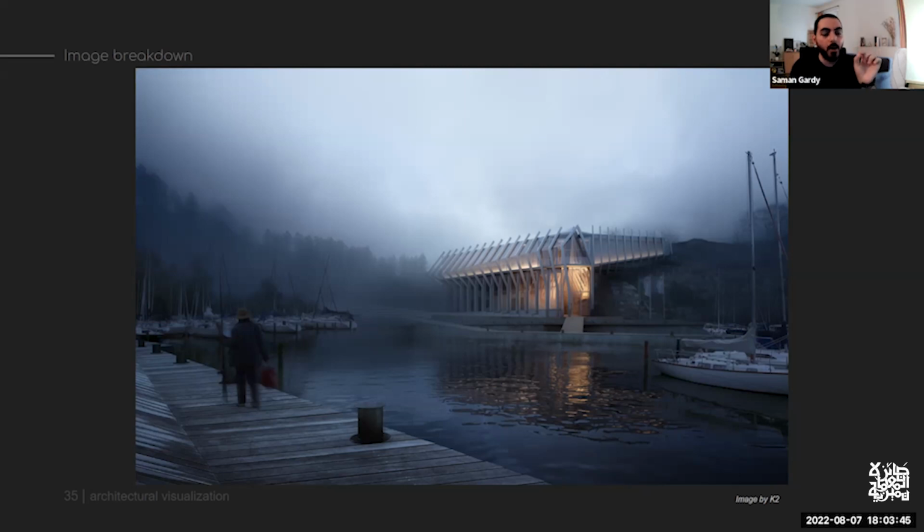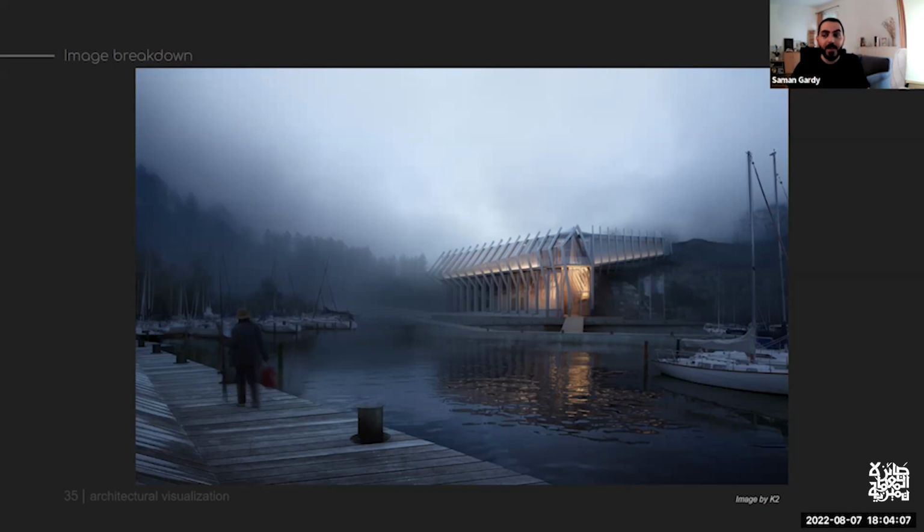We are talking about communicating complex architecture ideas and designs.